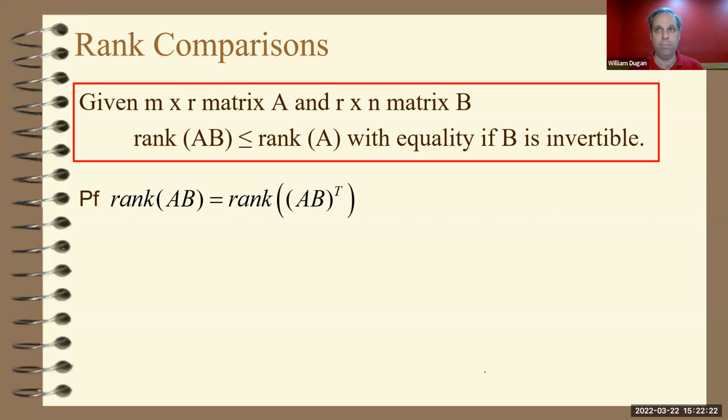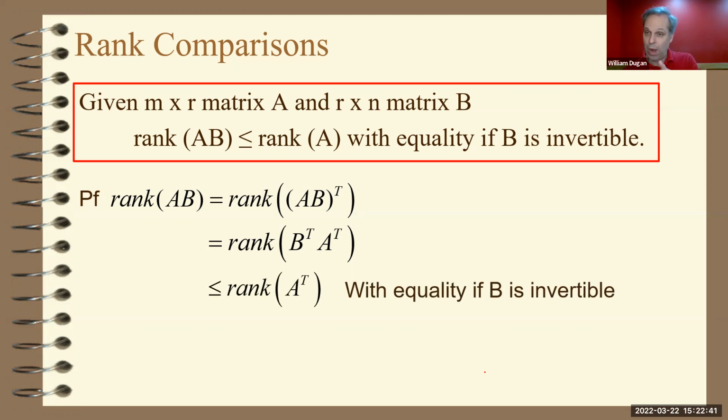But for (A times B) transpose, when you take the transpose of a product, you reverse the order of the product and take the transpose of all the factors. Then, because of what I proved to you before, that's the rank of a product of two matrices, which is always less than or equal to the rank of the second matrix in that product, and you get equality if the first matrix is invertible.